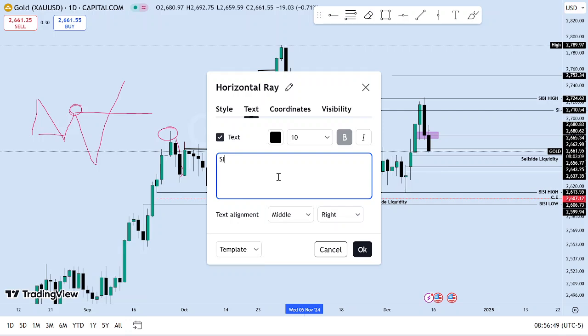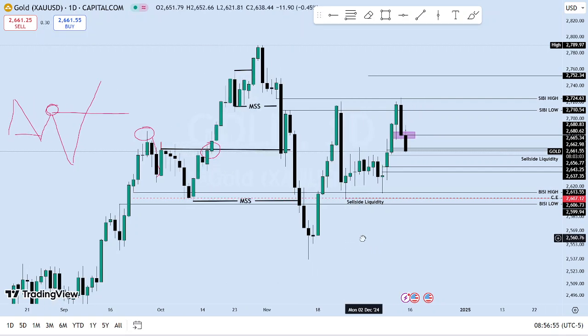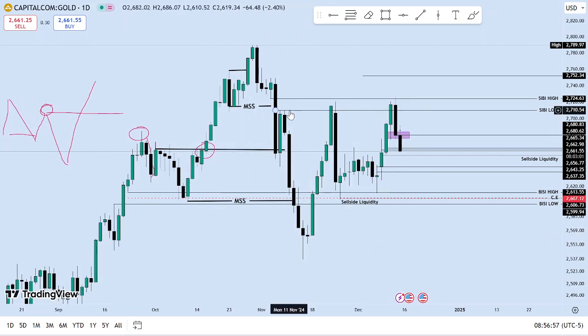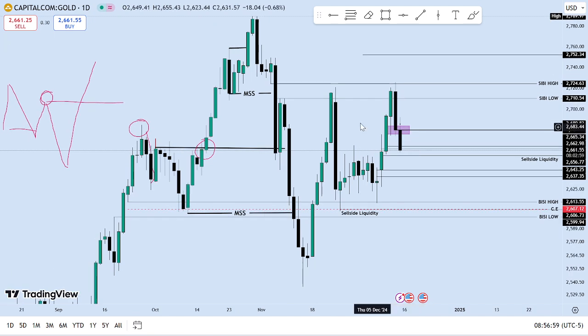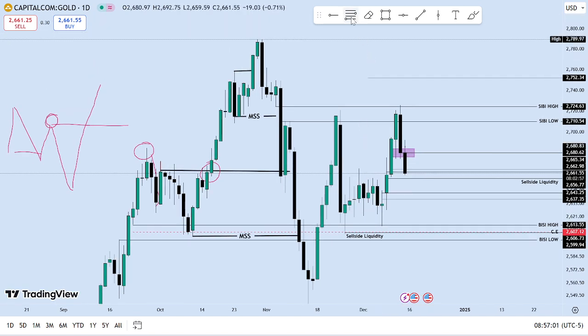Then CB low. You can get a 50% between this low and this high.